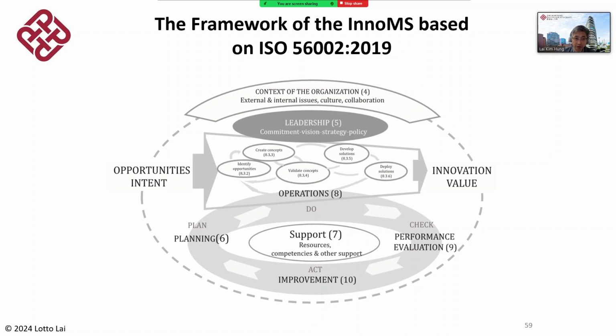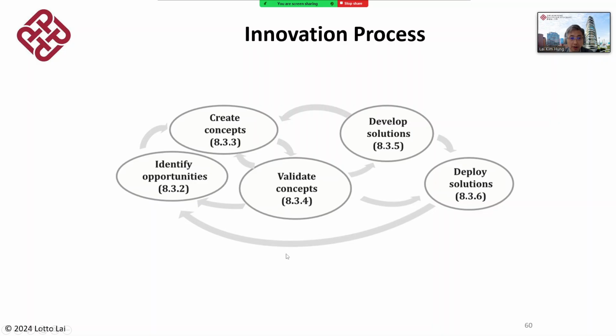This is the model of the ISO 56002. You can see this is also a plan-do-check-act cycle, and leadership and organizational context are very similar. However, they indicate the innovation funnel inside, but with a different approach, from the opportunity intent to getting the innovation value.